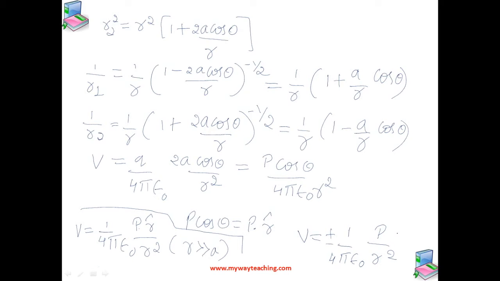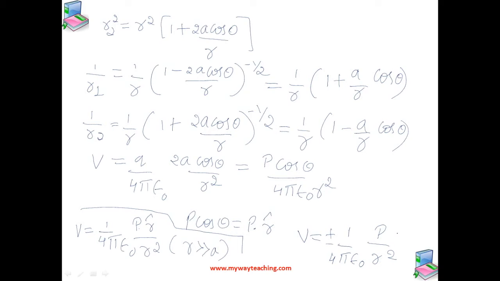See, the important contrasting features of electric potential of a dipole from that due to a single charge. The first point is the potential due to a dipole depends not just on r but also on the angle between the position vector r and the dipole vector p. We know already, isn't it?